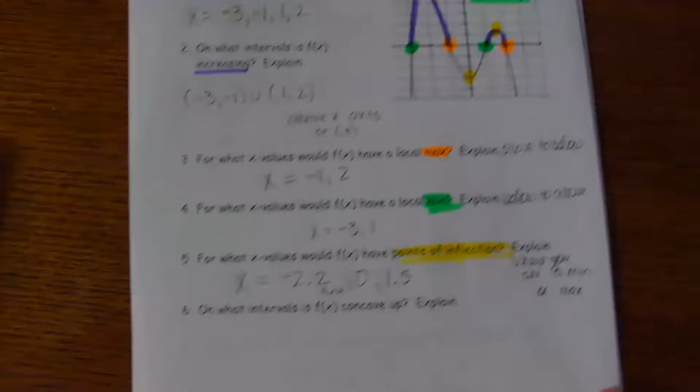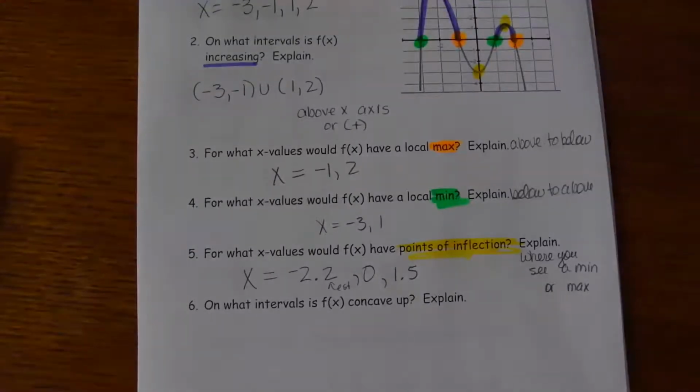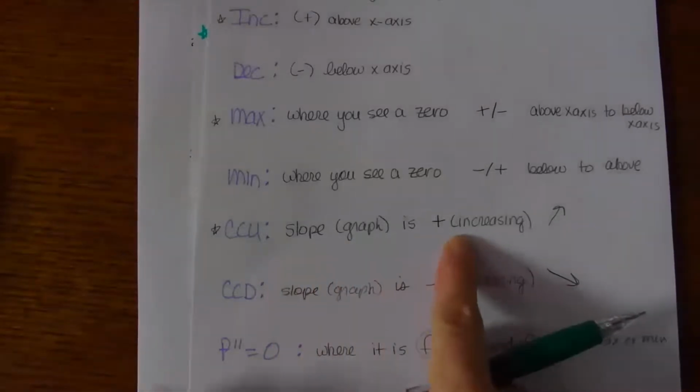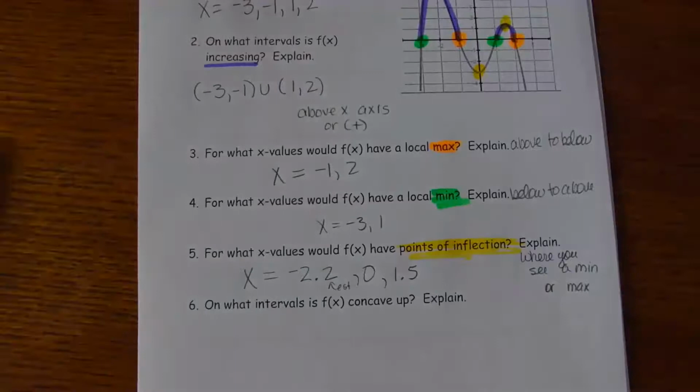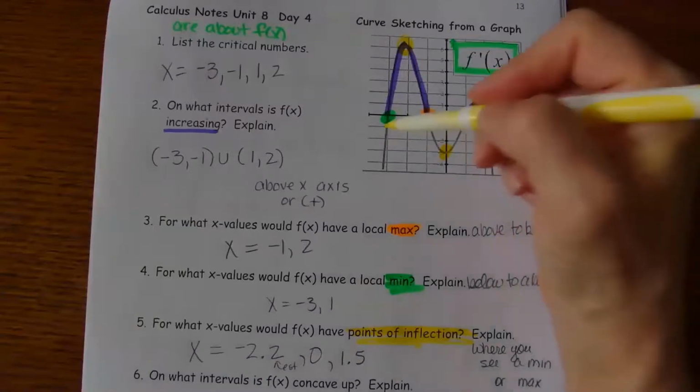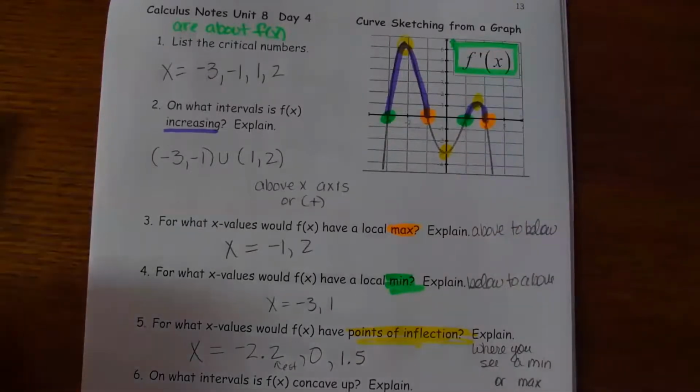There we go. Okay, where is it concave up? I don't know. How do I find that? Well, how do you know if it's concave up? Okay, it's going up, right? So show me where it's concave up. I need another color. Pink.